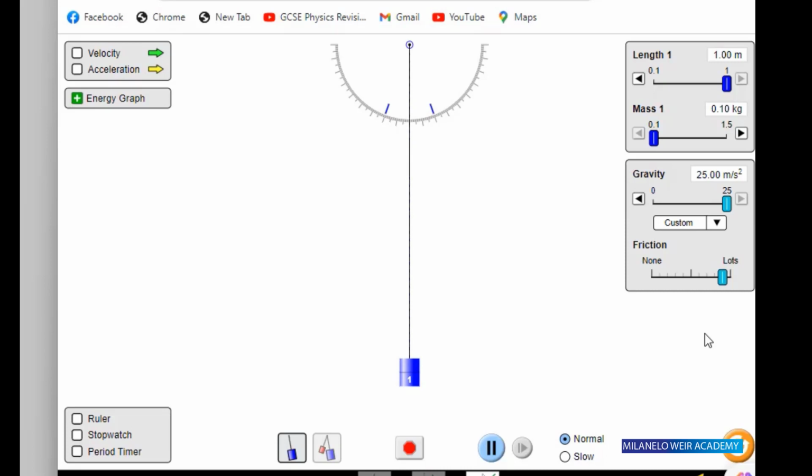Could be friction due to air or friction on the string itself, right? As it touches at the fixed point, there is friction. So eventually it will stop. A swinging pendulum eventually stops. So this is the reason.